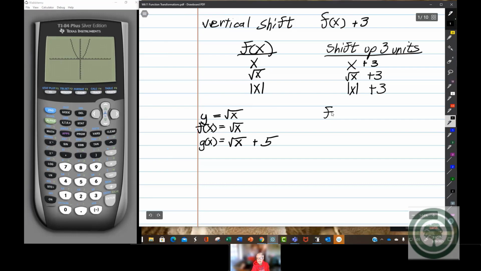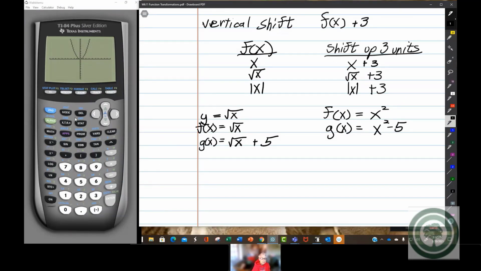So if f of X equals X squared, and I want to shift it down 5 units, I would make another function. I want to go down, don't I? Down would be minus.